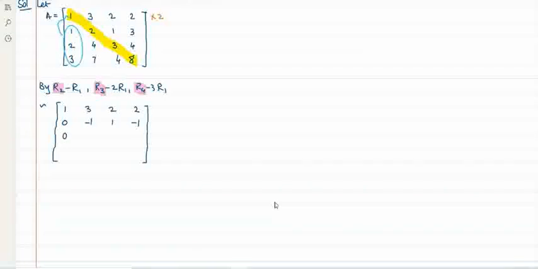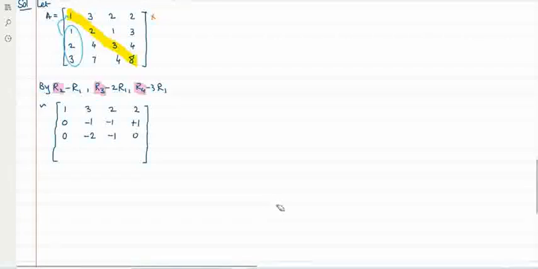Correct. Now next, multiply by 2 and subtract. 2 minus 2 is 0. 4 minus 6, sorry, 4 minus 6 is minus 2. Correct now? Sir, in the second row, minus 1, 1. Okay, now it's okay. Third one: minus 2, minus 1, 0.